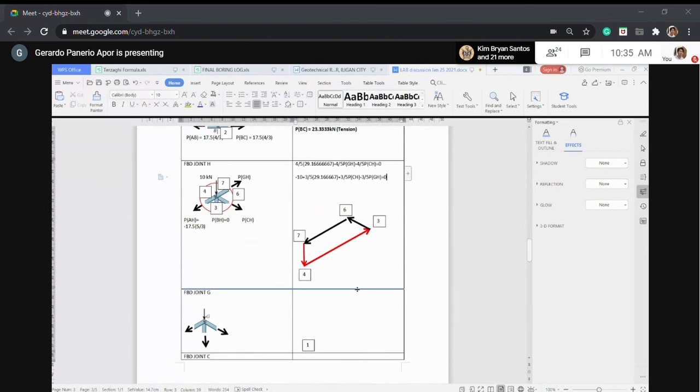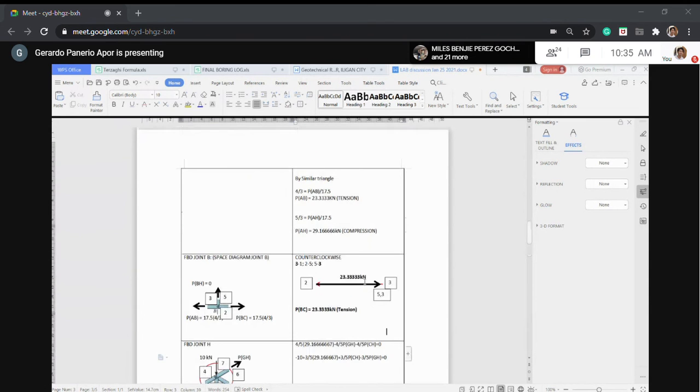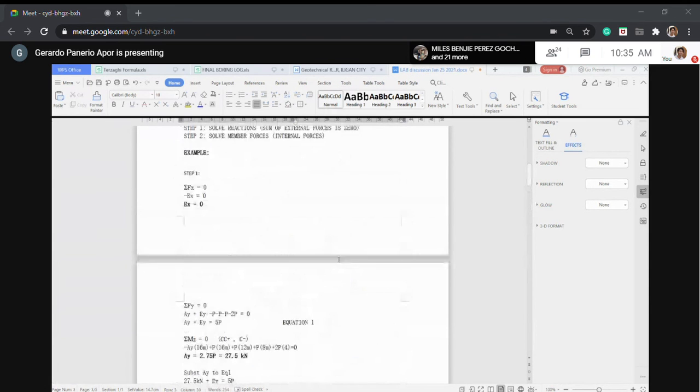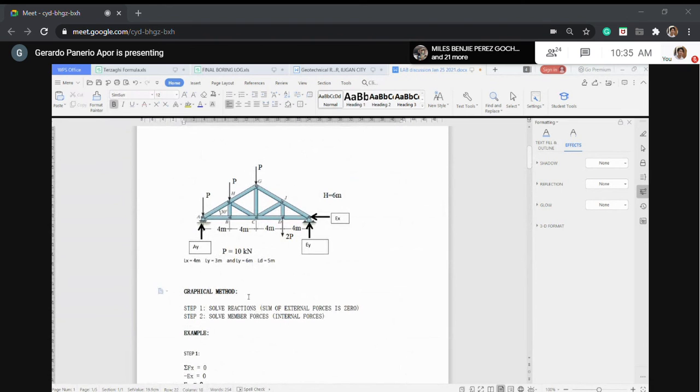And then class, if you superimpose all the diagrams, this is what we call the Maxwell diagram. Actually, this is the idea of Maxwell. This graphical method is also known as Maxwell. If you Google this, this is how stuff was solved before the computer.